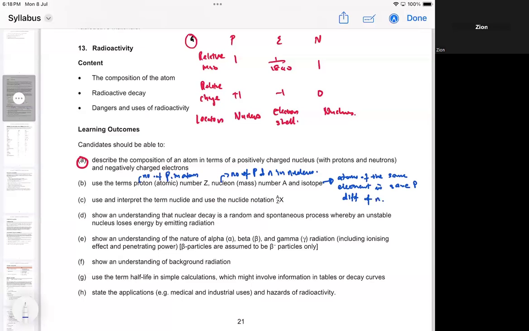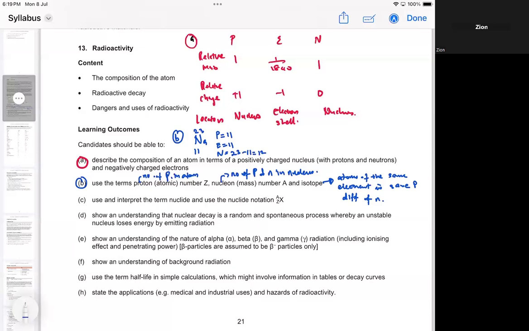So with the number here, for example, let's say sodium 23 with 11 protons, you should be able to see proton is 11, electron is 11, and neutron is 23 minus 11, 12.